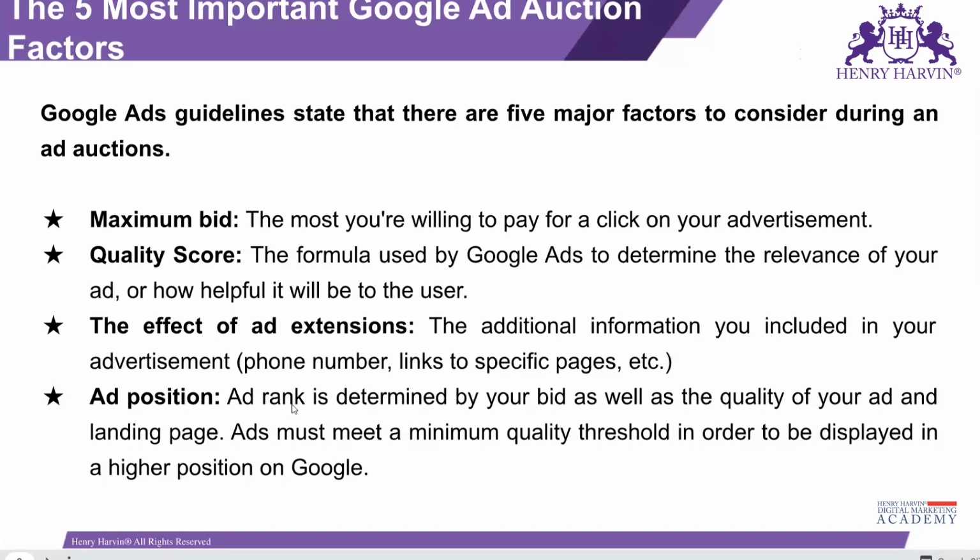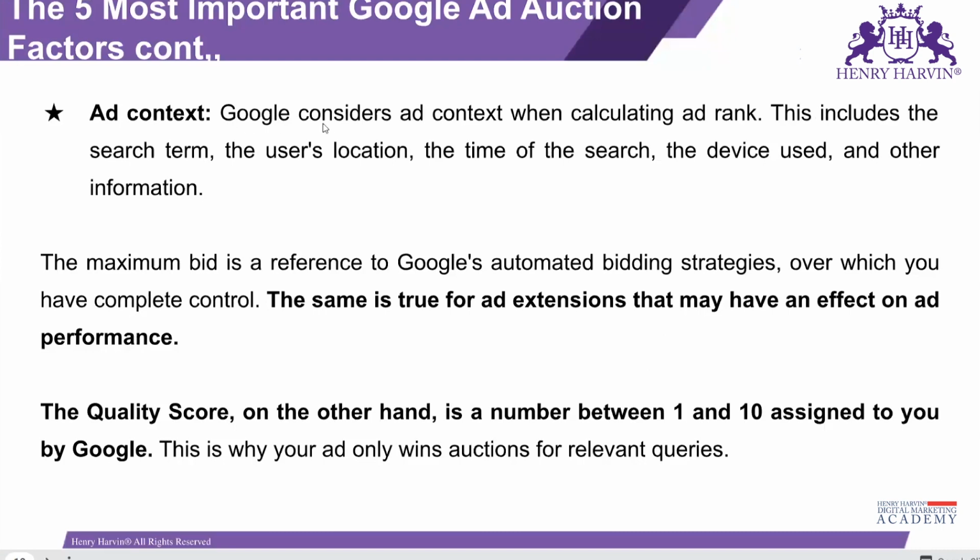And ad position is determined by the ad rank, which depends on the quality score as well as your bid amount. Ad context simply means the context in which your ad is shown to the user. Suppose I am looking for email marketing services and I get an ad, but the advertiser's services are related to a video editing tool, and they are just using the email marketing keyword to show their ad.